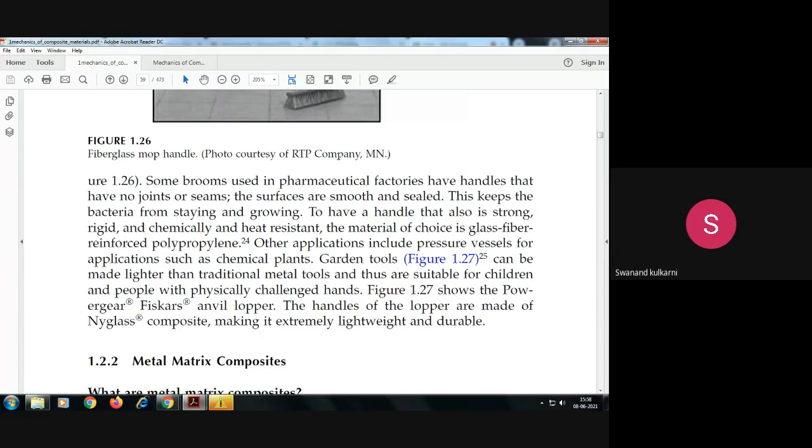In order to stop the growth of bacteria, these applications are used for pharmaceutical industries. So these composite materials are used in the pharmaceutical industries to handle strong, rigid, chemically and heat resistant material.